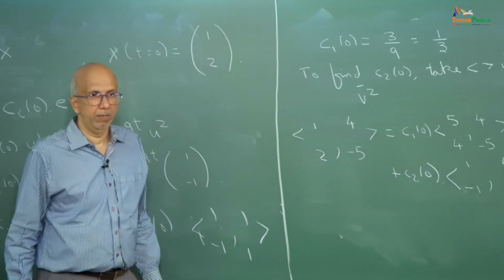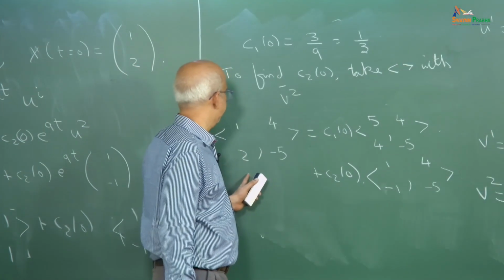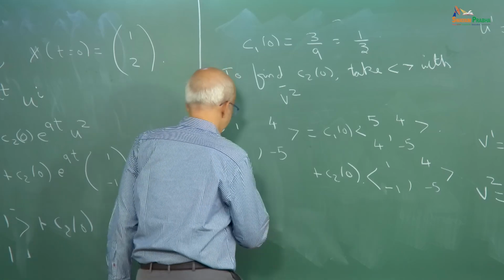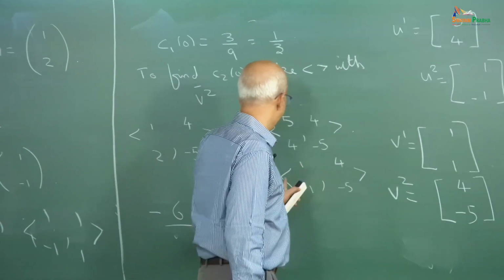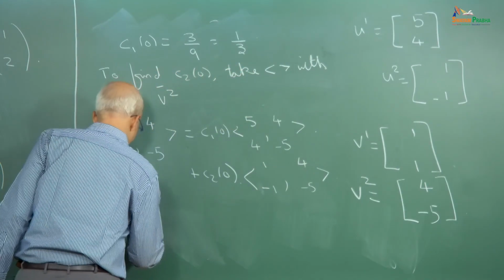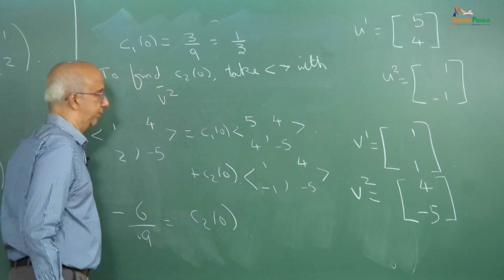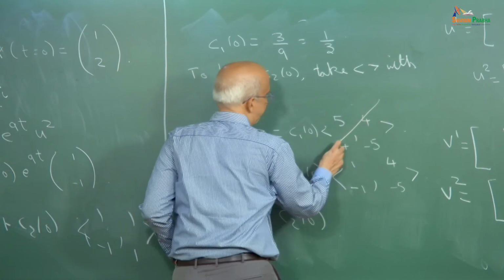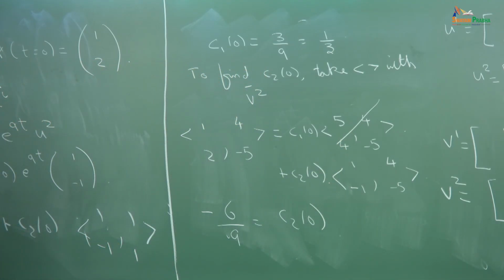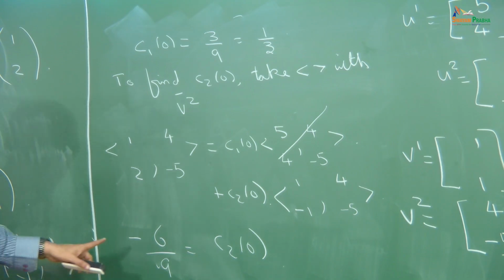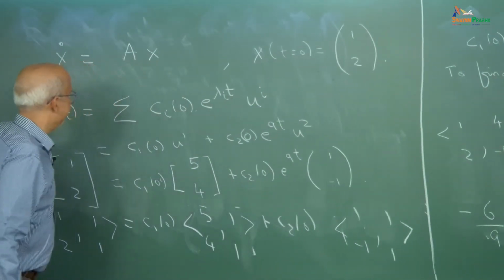This gives me 4 minus 10, so minus 6, divided by 4 plus 5, 9. And the first term goes to 0 because of biorthogonality. So, basically I found C2 of 0 to be minus 2/3. Now I just have to substitute this here.